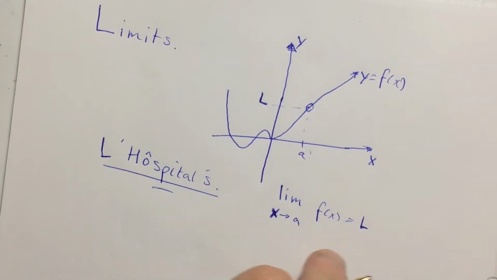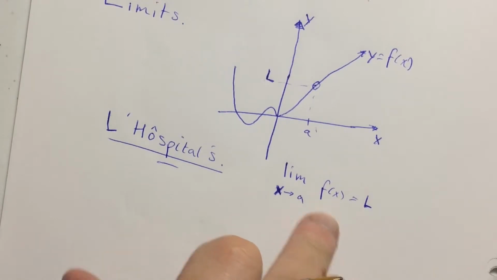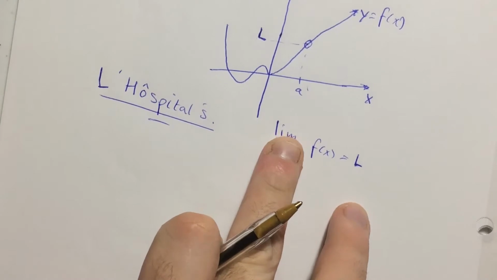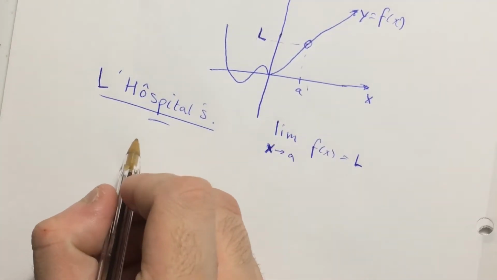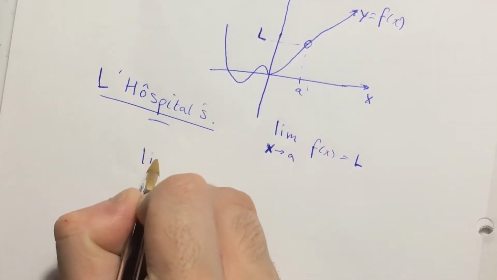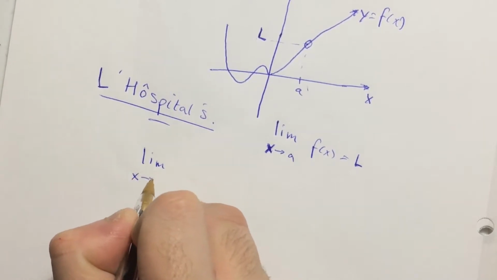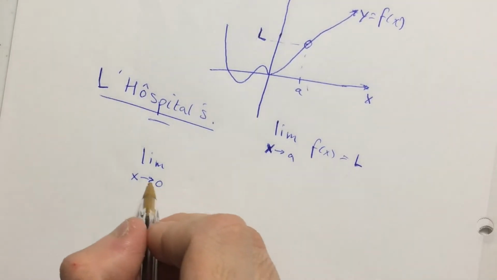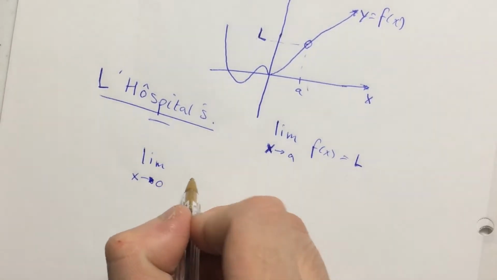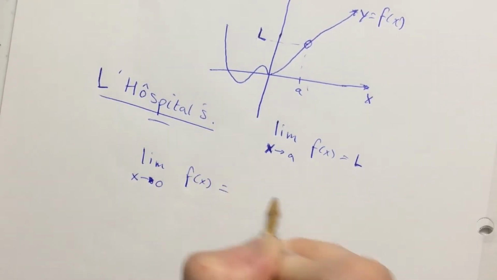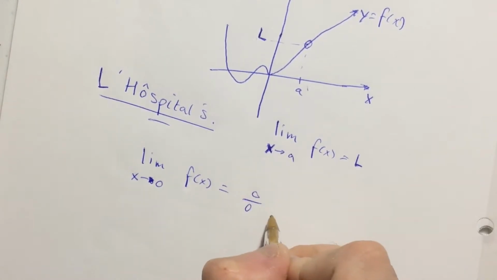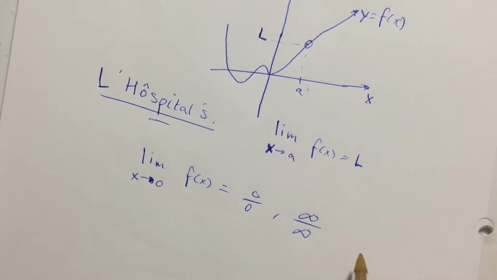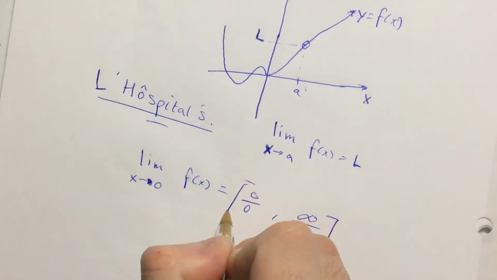It's like Al Hospitals. People have different pronunciations, but basically the idea behind L'Hopital's rule is you've got the limit as x approaches, well, it's usually as x approaches 0, because whenever you plug in 0 into f of x, if you get an answer such as 0 over 0, or infinity over infinity, that's called indeterminate form.